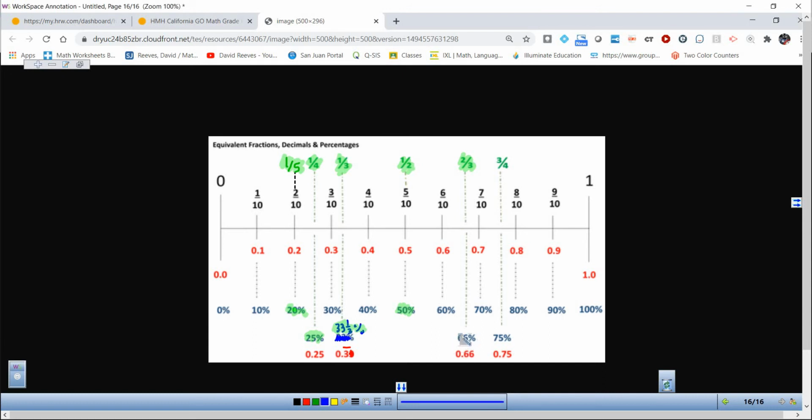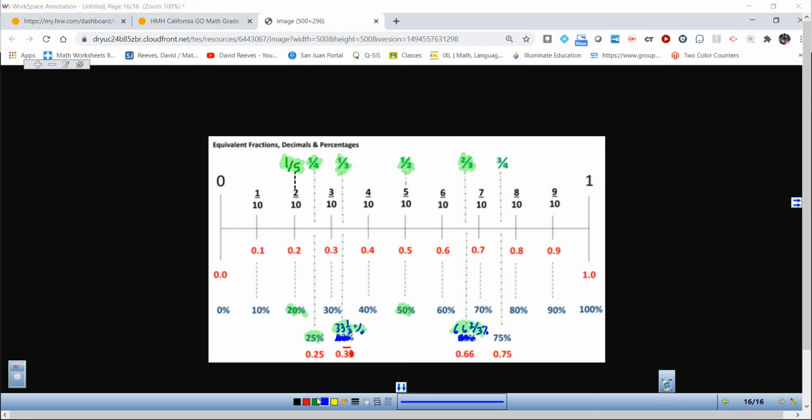It's not exactly 66%, is it? All right, so if 1/3 is 33 and 1/3%, then 2/3, remember it's simply two of those, is going to be 66 and 2/3%. All right. So again, these are ones you should have memorized. 2/3 is 66 and 2/3%.